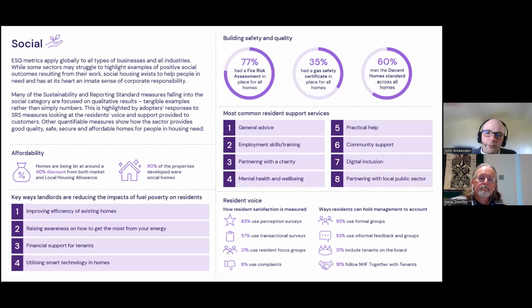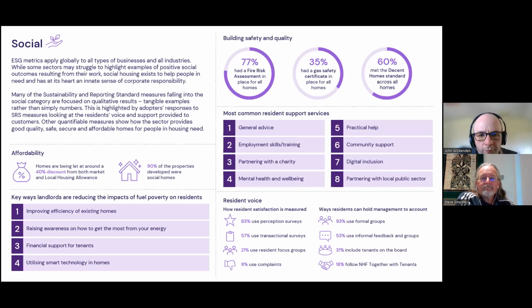This is based on 60% of landlords said that they were fully compliant with the decent home standards. That means 40% had some element of non-decency in there. Quite a lot of debate going on inside housing as to who's more accurate, the landlords' figures that they're reporting to the regulator or the English Housing Survey. I don't want to get involved in that, but this is what was coming out of these ESG reports last year.